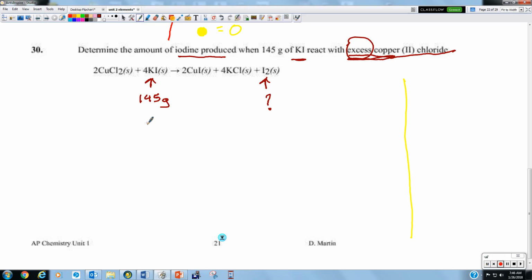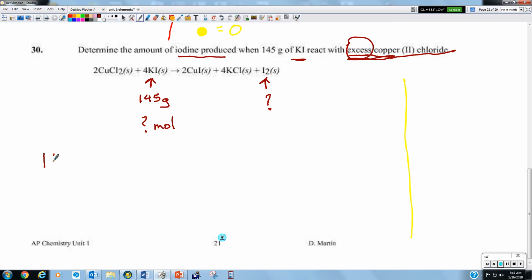What is the 145 grams really useful to us, or what do we need to know it in to be able to compare? We need to get to moles. The other thing to pay attention to, I said always check and verify that it's balanced. Anytime you see coefficients in the equation, you can assume that it's balanced.